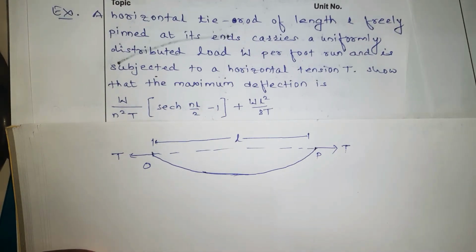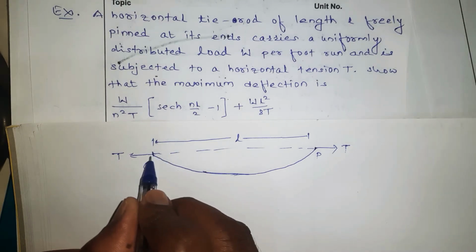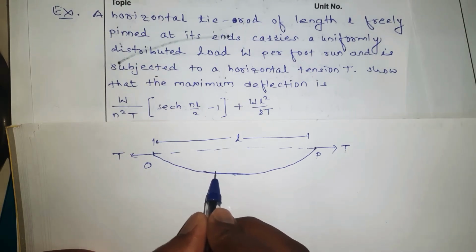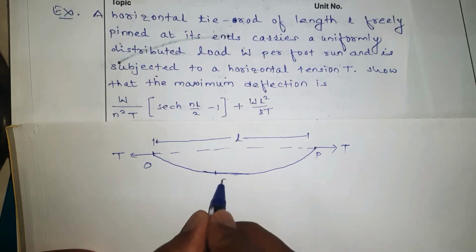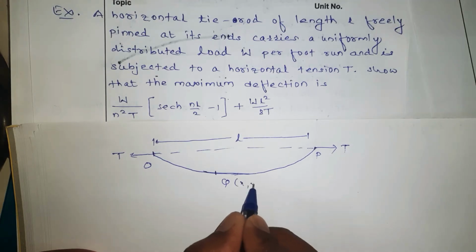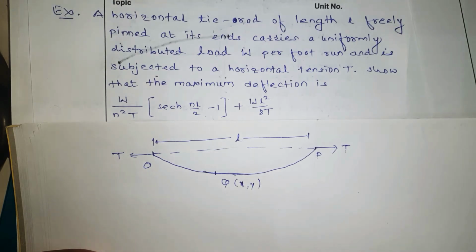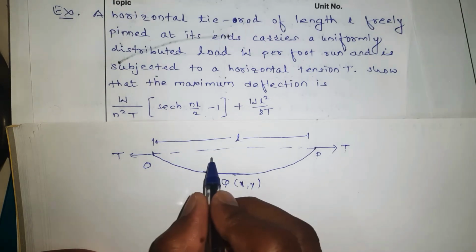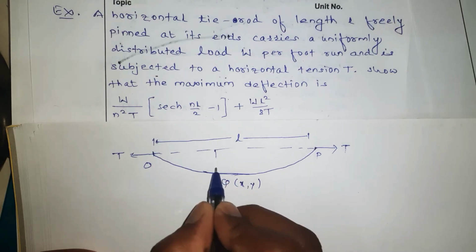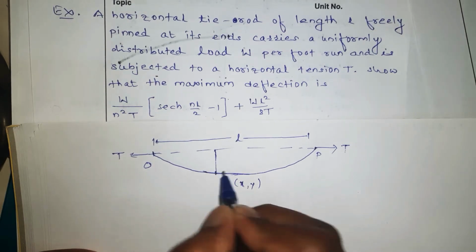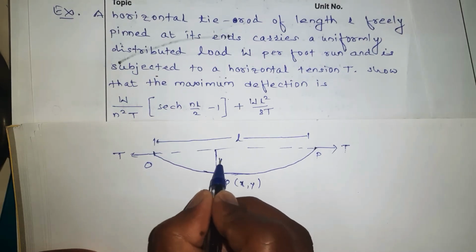Next, here I can take one point, which we call Q, with coordinates x, y. Suppose the deflection here at Q is y.